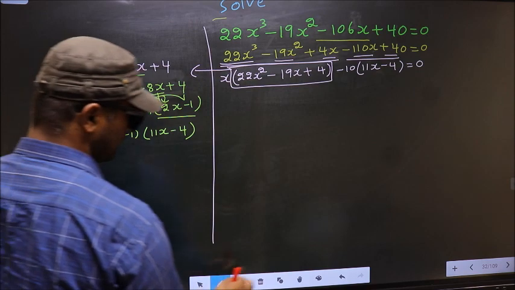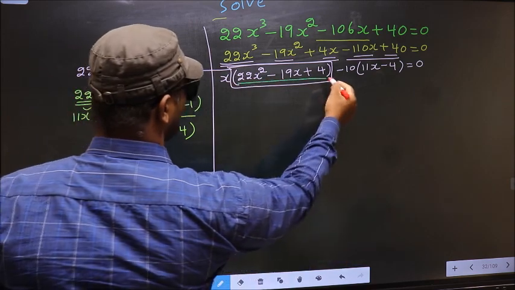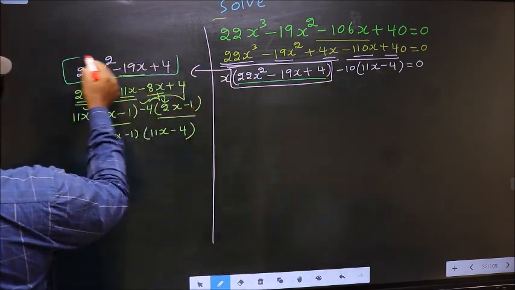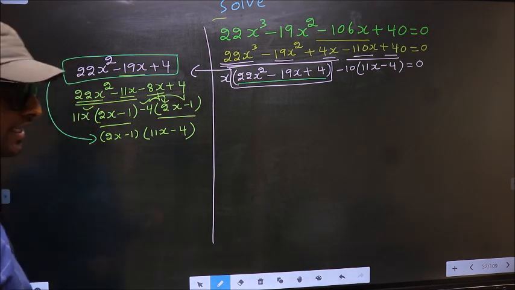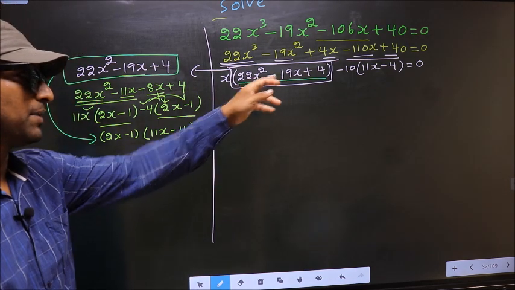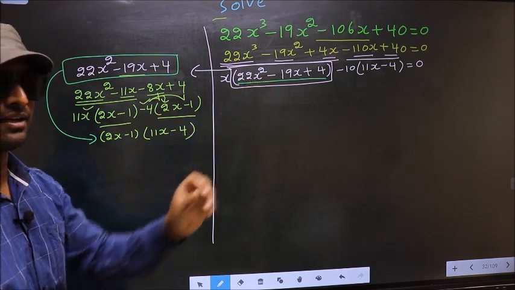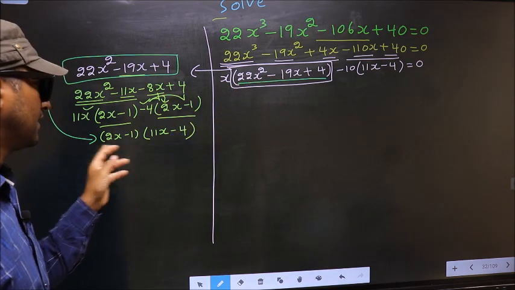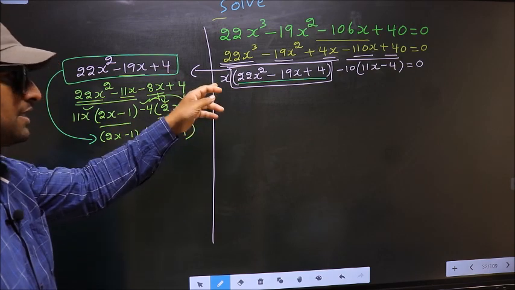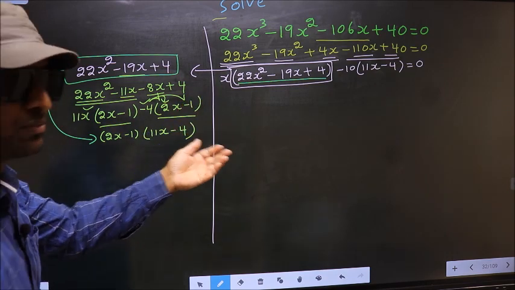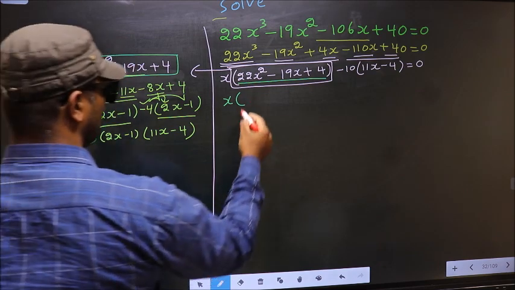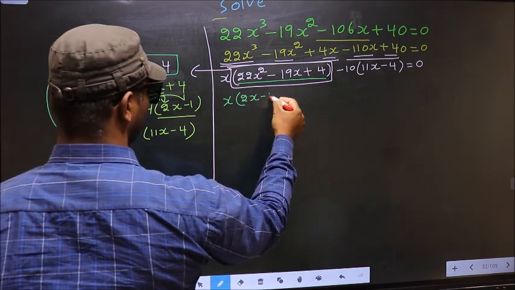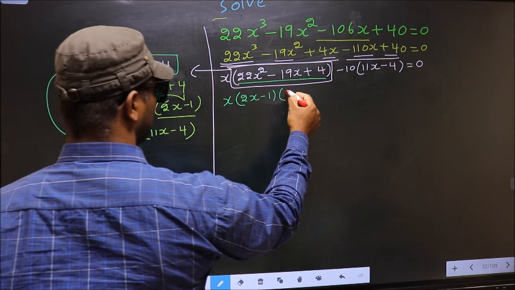Now in place of this quadratic, we should write this. I repeat, in place of this quadratic, now I will write this. So this equation will change to x times 2x minus 1, 11x minus 4.